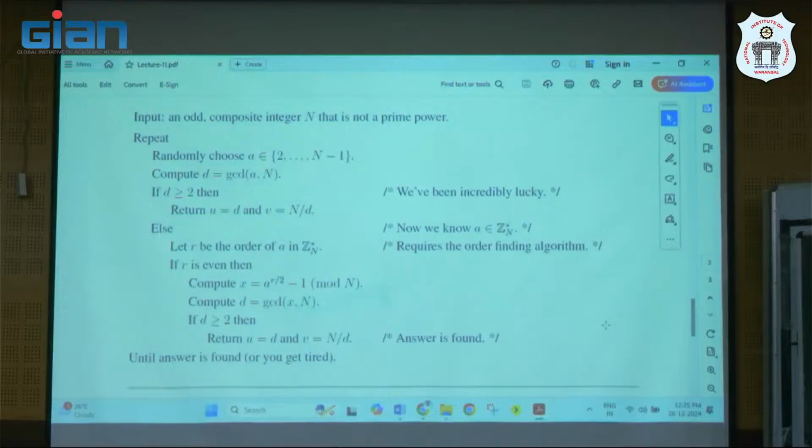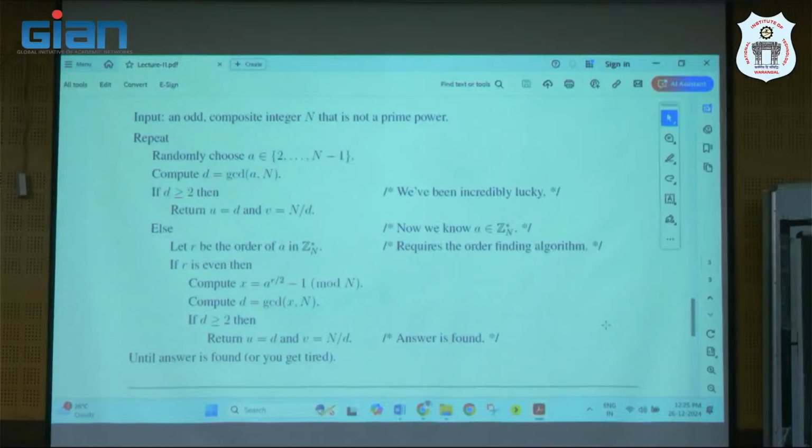Remember, A is from 2 to n minus 1, and if D is greater than or equal to 2, you have found a common factor, so D has to be a factor of n also. Then you have found a factor, no? You are happy. So if A and n have a common factor greater than or equal to 2, then you are already happy.